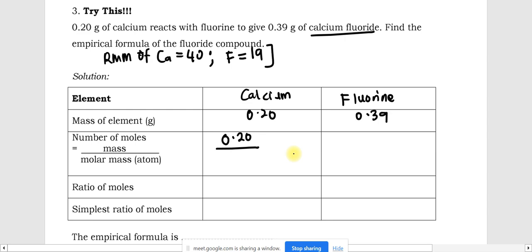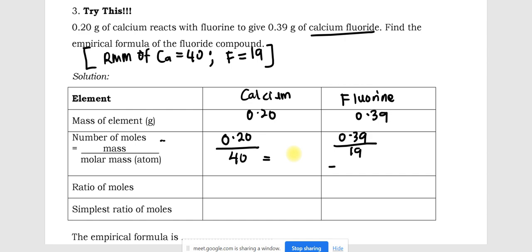Now you try: 0.20 divided by 40. How much do you get? Then 0.39, your mass divided by molar mass, you get the mole. This one is 0.005. Do you know how to convert?